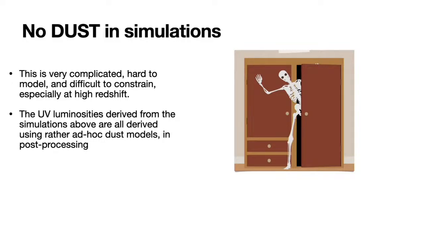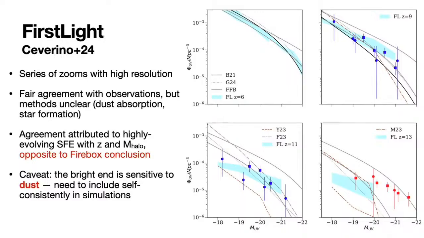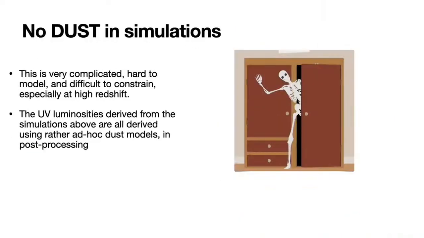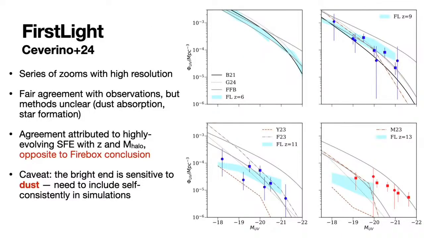There is a kind of a skeleton in the closet here, for example, when you're seeing the UV luminosity functions compared to observations, which here is a pretty good comparison. I think we should be comparing the blue here to the shaded region. But there is a completely phenomenological model for dust absorption in those simulations.